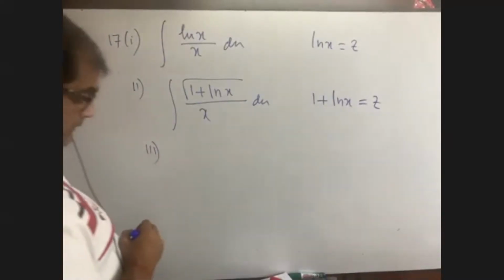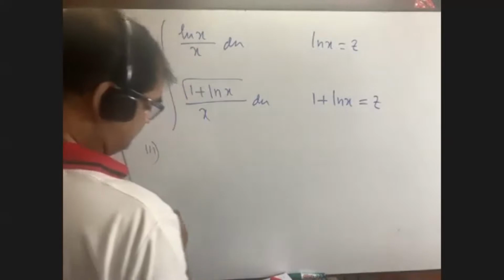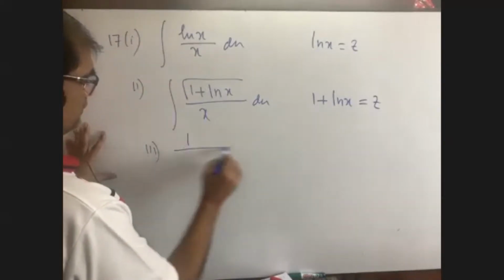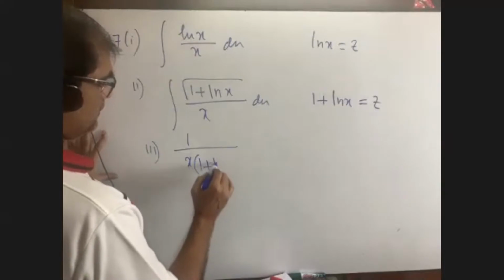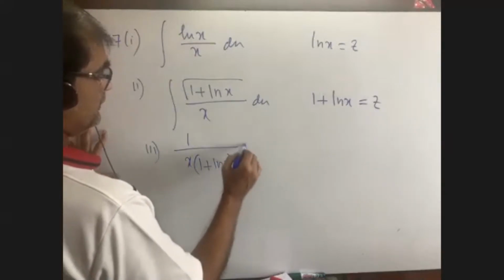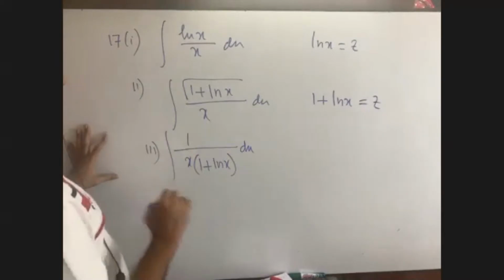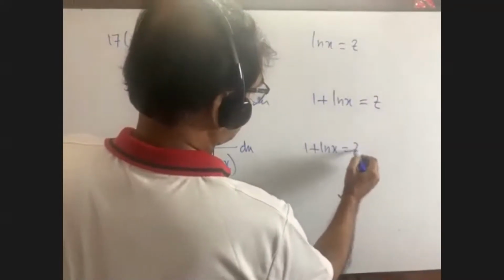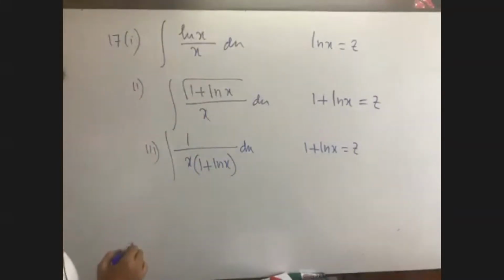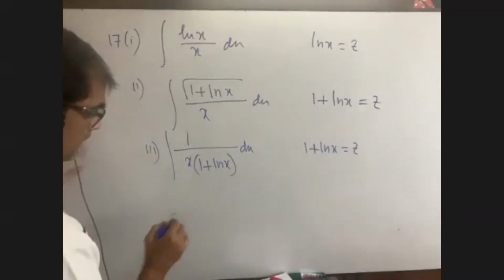Number 3: 1 by x times 1 plus ln x dx; here also 1 plus ln x is z. Number 4.